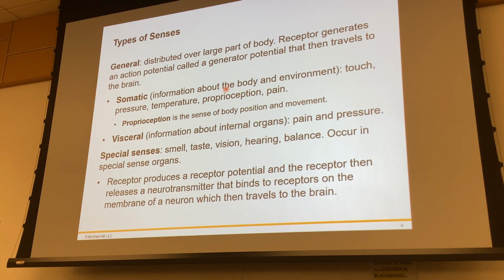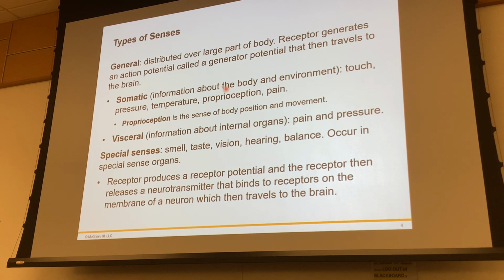But for somatic information, we'll talk about touch, pressure, temperature, proprioception, and pain. And those individual receptors respond to individual stimuli in a particular way. These are modified epithelial cells that send action potentials, cause these dendrites to exceed the threshold, and then the neurons send signals.